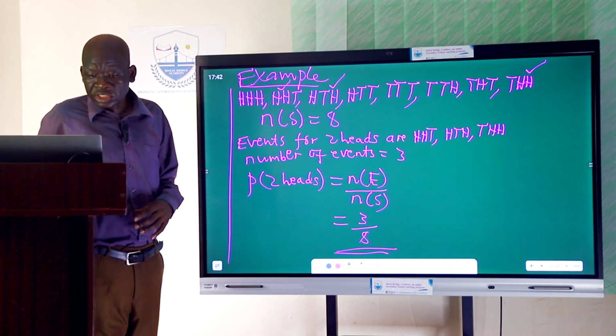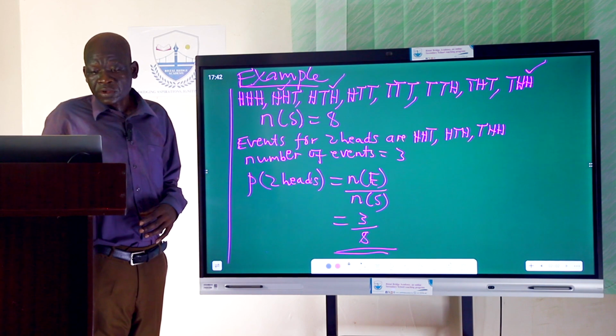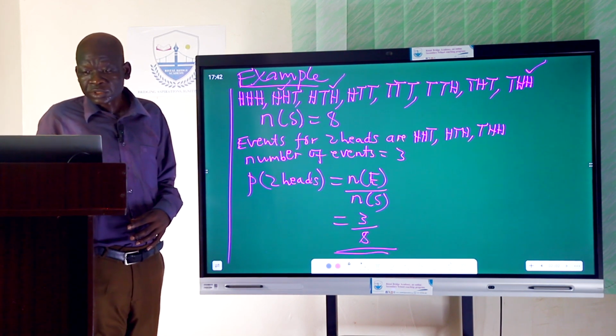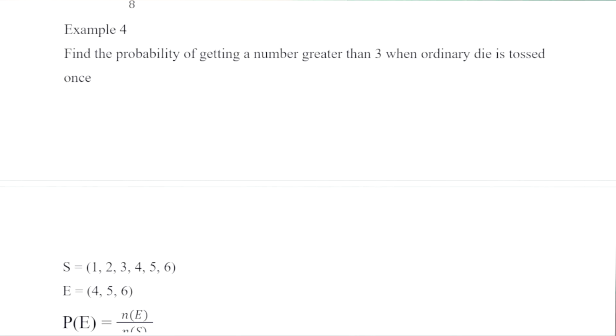We can look at another example. The question says, find the probability of getting a number greater than 3 when an ordinary die is tossed.